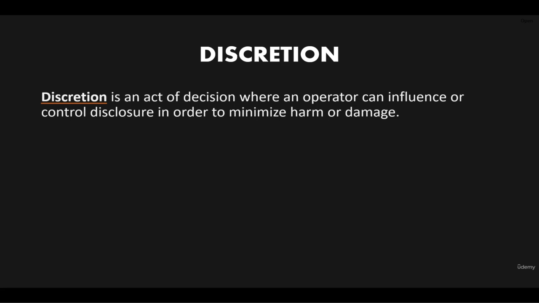Next, we have discretion. Per definition, it is an act of decision where an operator can influence or control disclosure in order to minimize harm or damage. Another important term that also contains this word is discretionary access controls.